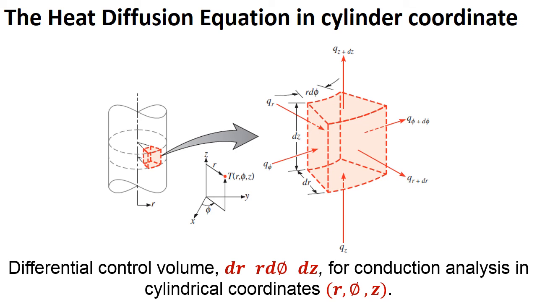This pen is in the form of a cylinder. The vertical height of the pen is the z direction. The radius of the pen is the r direction, and the surface of the pen shows the phi direction.